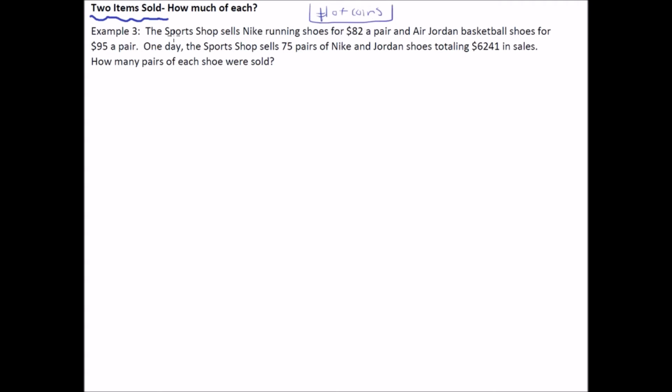Okay, so for example 3, the sports shop sells Nike running shoes for $82 a pair, and Air Jordans, basketball shoes, for $95 a pair. One day, the sports shop sells 75 pairs of Nike and Jordan.